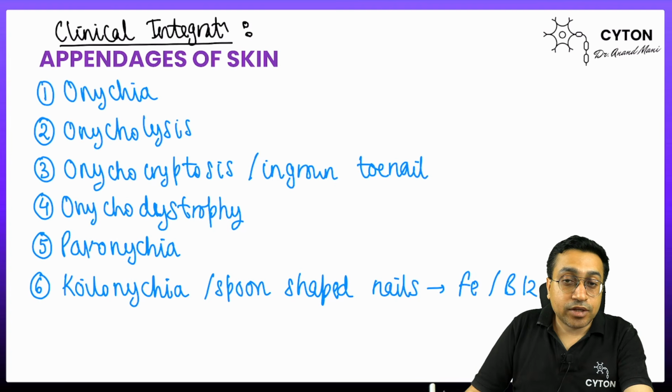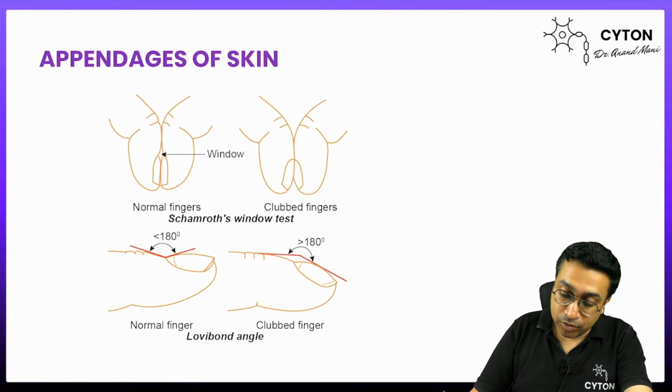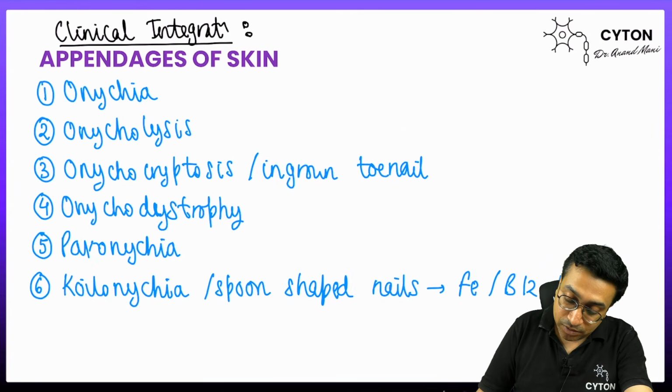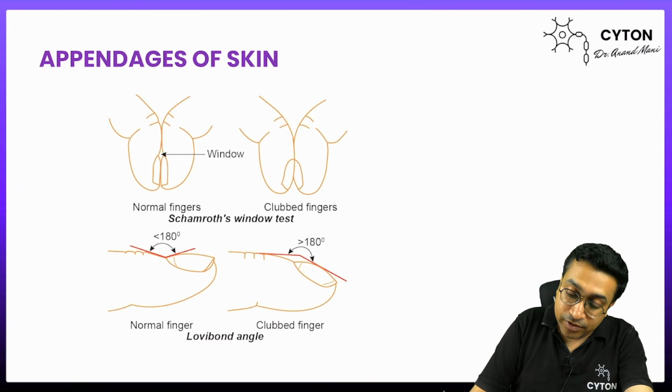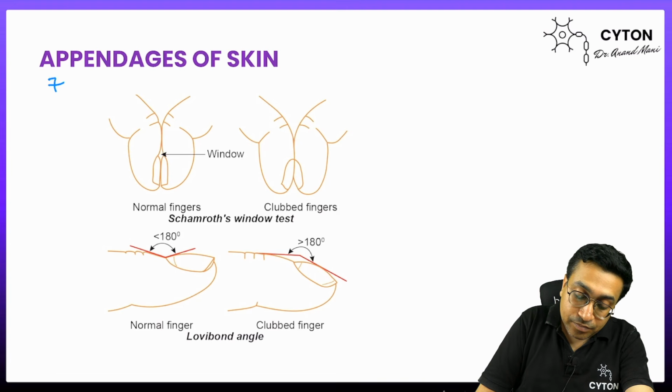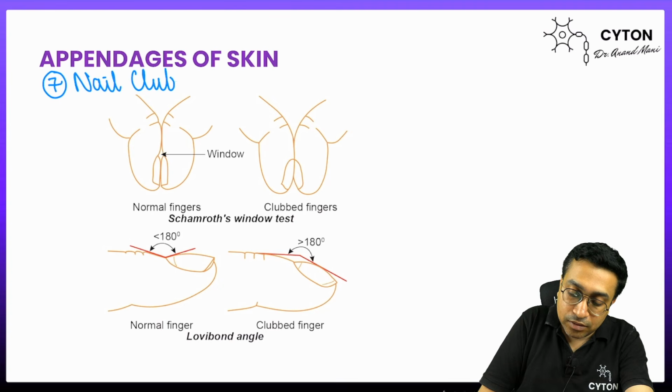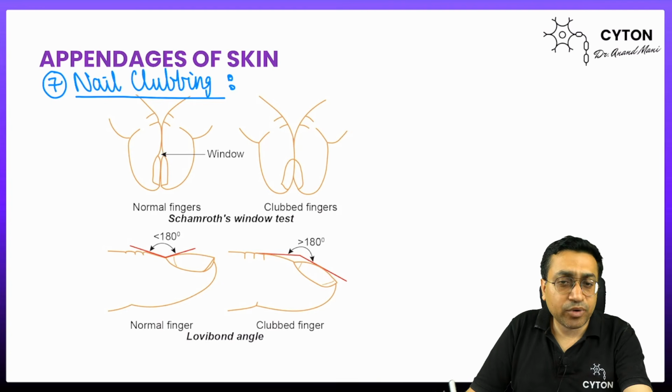Then you have something known as nail clubbing. So let us come to this. Number 6 was done, now number 7, nail clubbing. This is very important clinically.